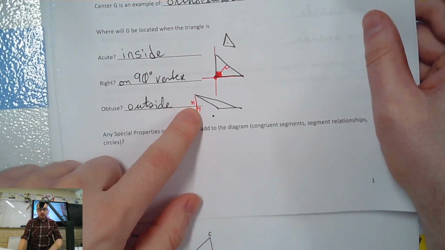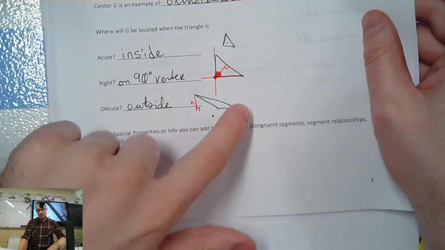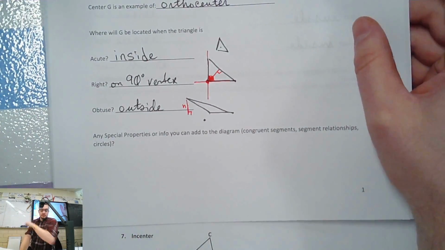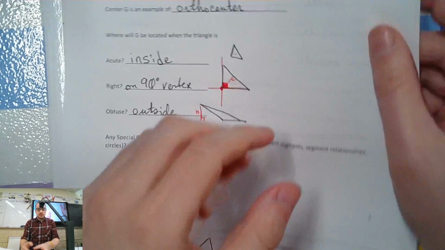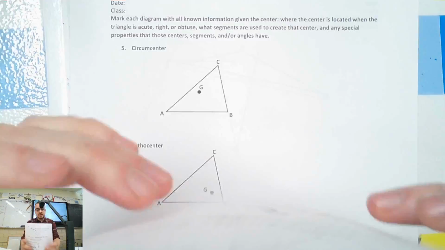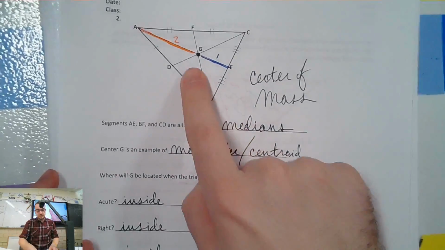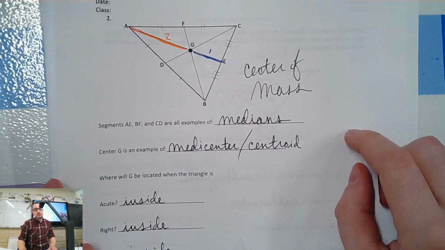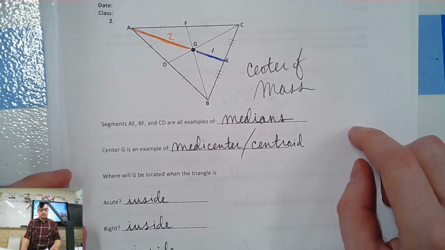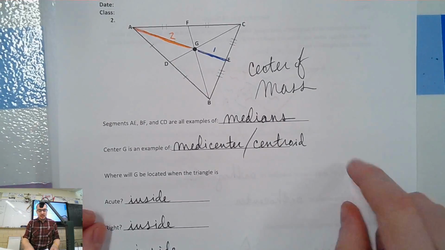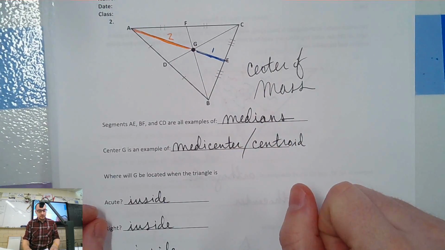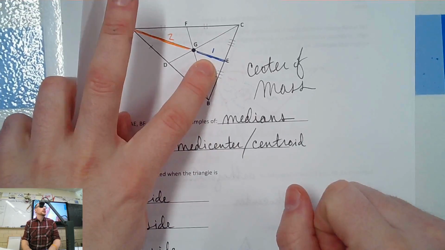On an obtuse, to go perpendicular, you have to go outside the triangle, the heights. And so this will be outside. One second, Danny. Center of mass is the medicenter or the centroid. So that'll always be inside. Center of mass is the balance point. And that's made from the medians, medicenter, and it's in a 2-to-1 ratio here and here.